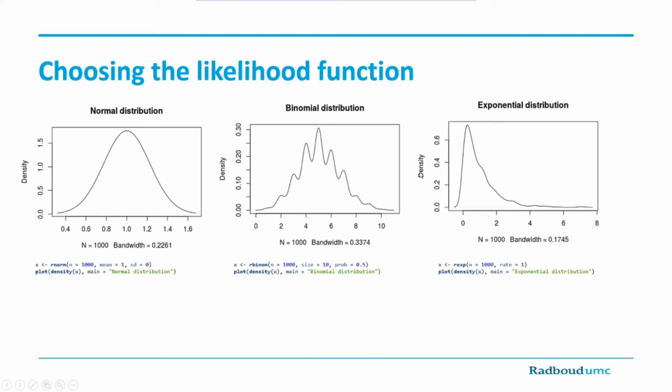Another distribution that you may be familiar with is the binomial distribution. And this is actually something that arises, for instance, when you toss a coin. And that's what's happened here. So this says the probability of 0.5, which is a coin toss. 50% of the times you've got heads, 50% of the times you've got tails.